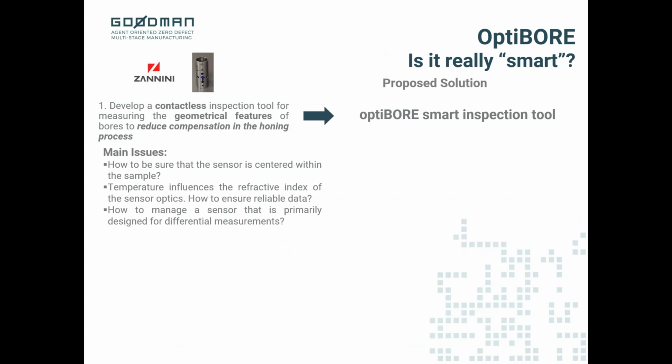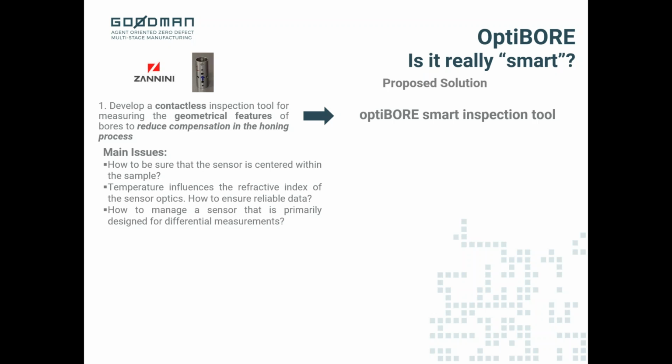However, there have been some issues to face. Mainly, 3 issues were identified. How can we be sure that the sensor is centered within the sample? We also know that confocal chromatic sensors are influenced by temperature, because temperature influences the refractive index of the sensor optics.